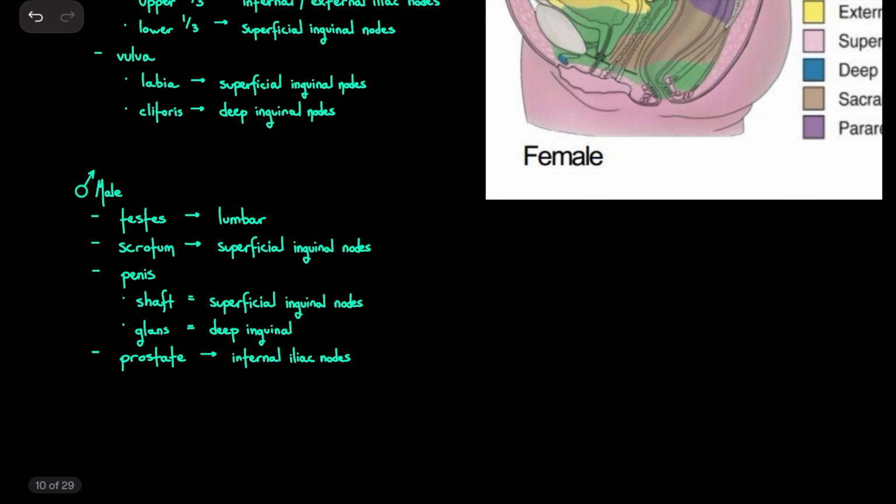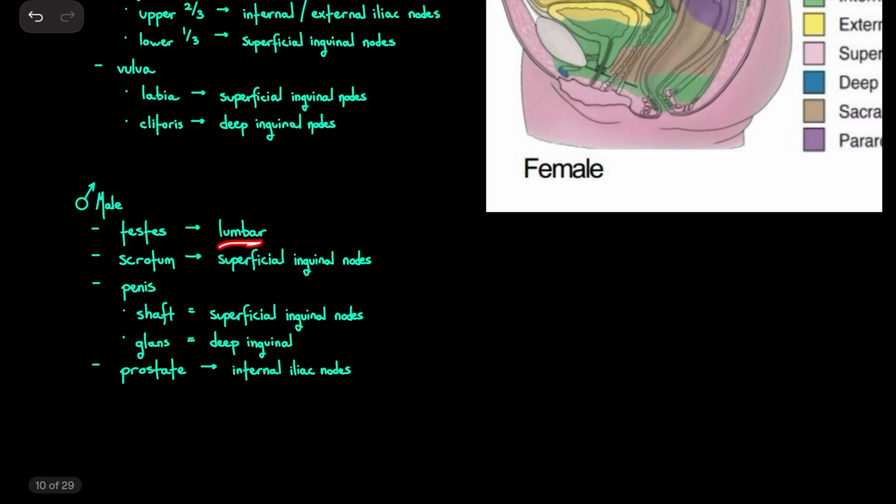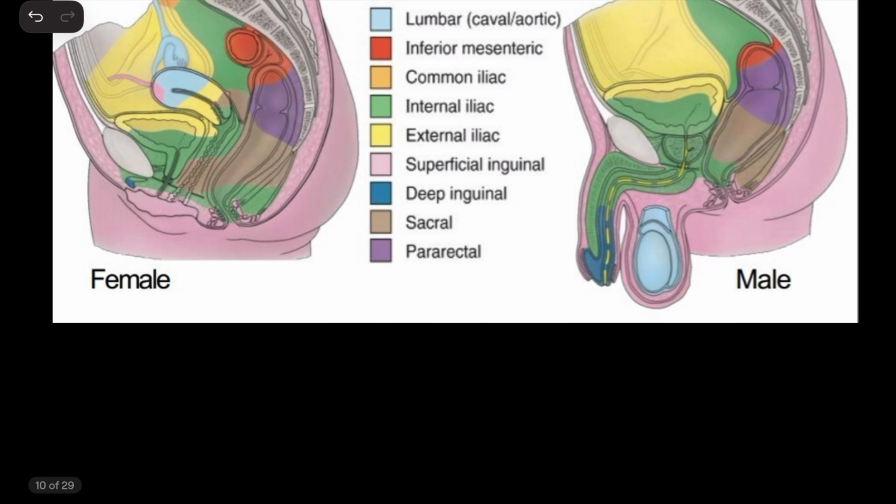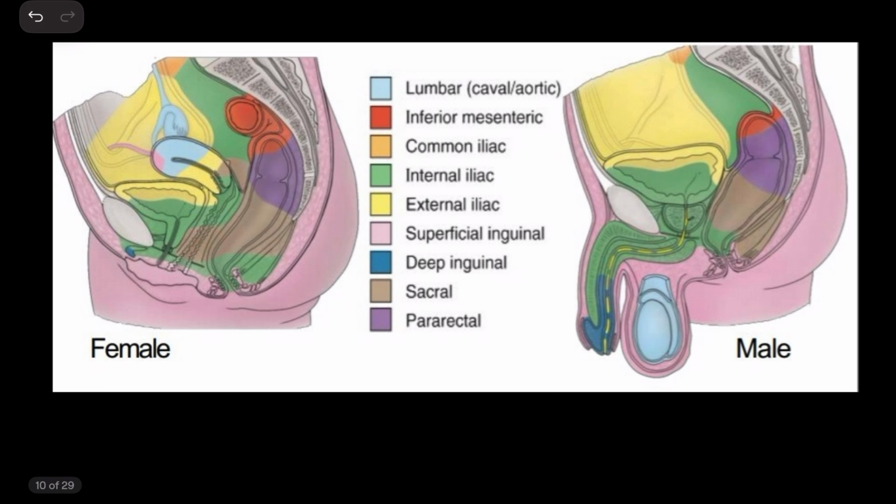Okay, now on to the male, the testes, more of a lumbar drainage pathway here. So that light blue. Now, why would something dangling between the legs have a drainage pathway that's similar to my kidneys, right? Well, because you might have heard the testes have to descend. They begin up here.